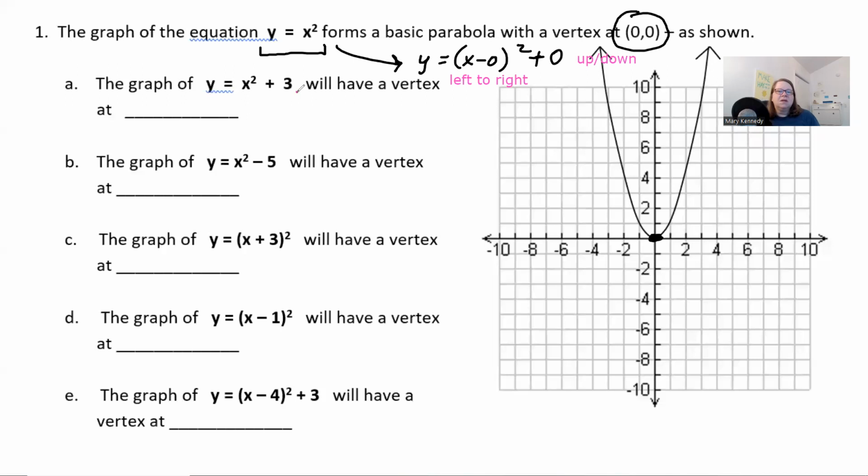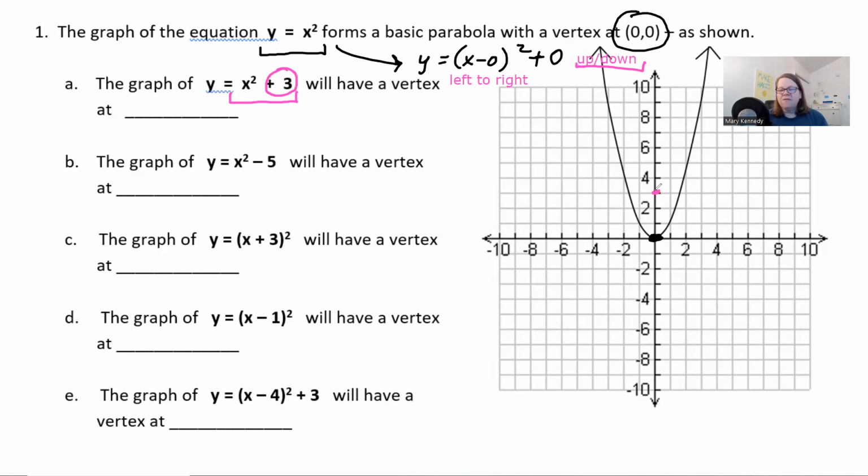So let's see what that means in this next problem. We'll stay with the pink here to distinguish this one. If we were to graph x squared plus 3, I'm not really showing you how to graph in this video, but I'm relating it to the original. The graph is just going to do the plus 3. That's the only change from x squared, right? And we know the plus 3 is at the end, so that's the up or down.